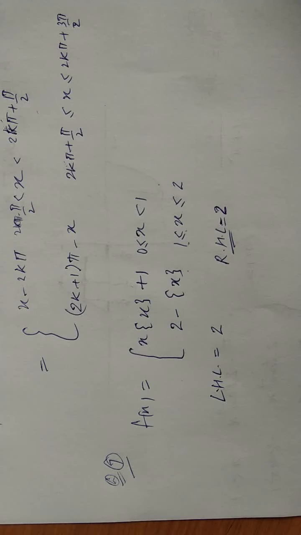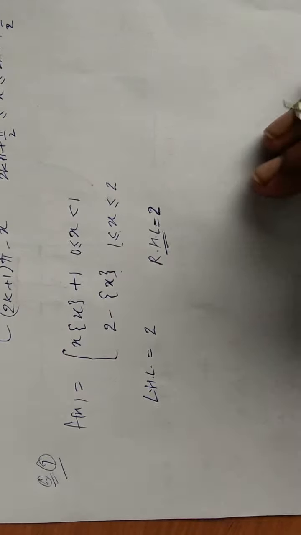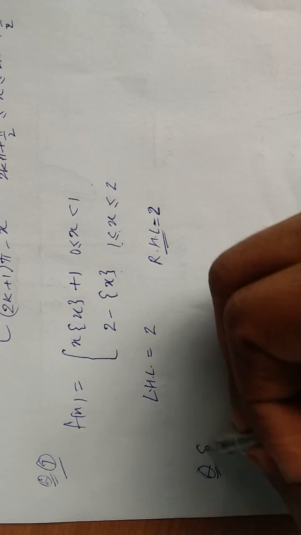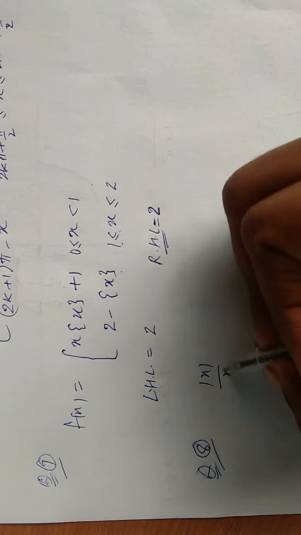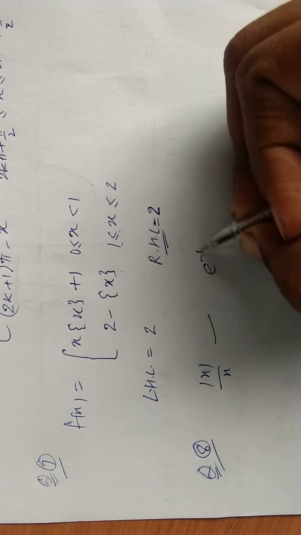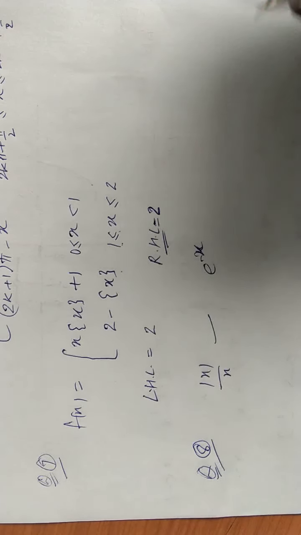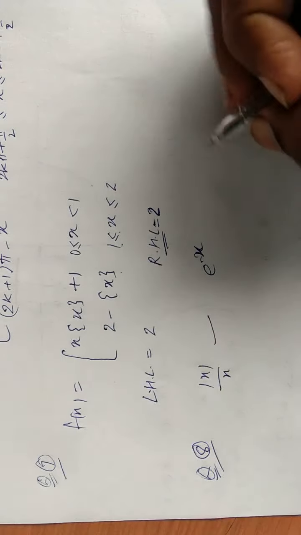So if we talk within the domain, mod of x upon x is always differentiable and continuous. Okay. e power minus x is always differentiable and continuous.